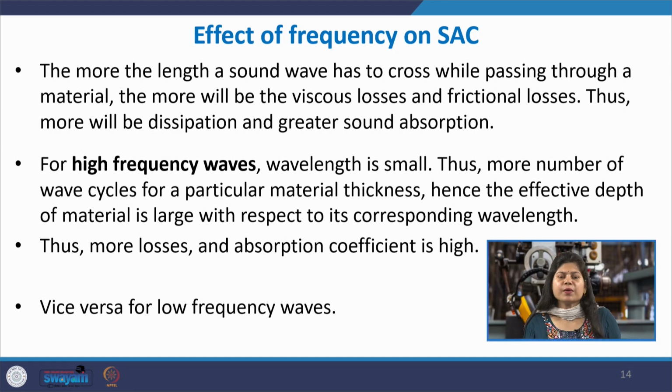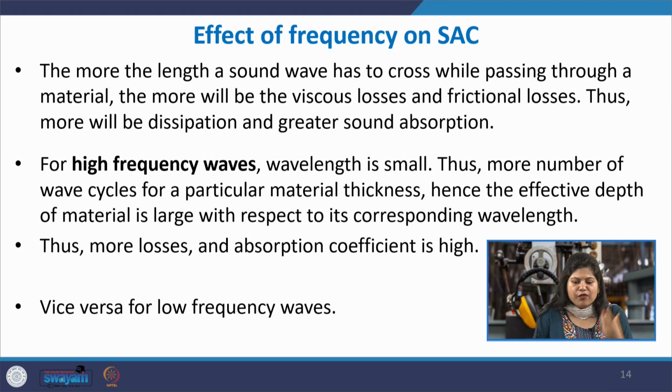But if we have a low frequency wave, then instead of 1,00,000 wave cycles, I just have 1,000 wave cycles passing through the same material. So the rate of fluctuation is low, and hence as they pass through this material, the dissipation is also low.